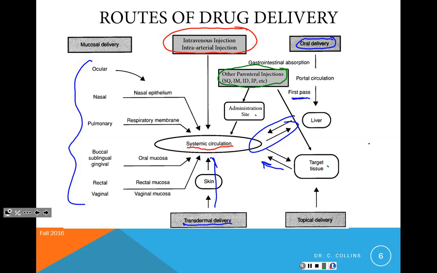So the eye, the nose, the lungs, the mouth, the rectal area, the vaginal area, there are a variety of drugs that are administered in this way. The urethra is even an avenue for drug administration as well. Some of these might be for local actions, but if they're systemic actions, then they would have an absorption step.